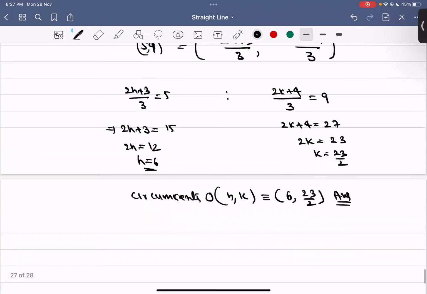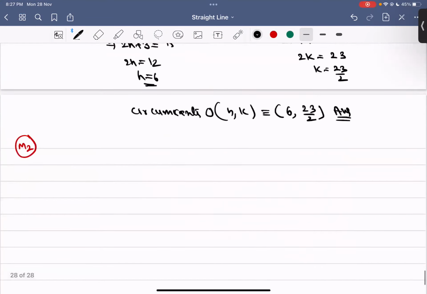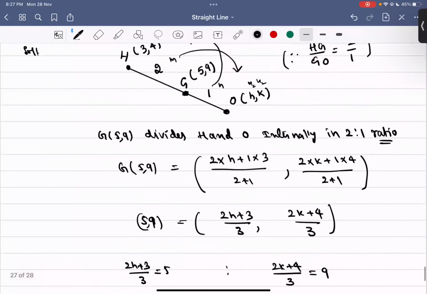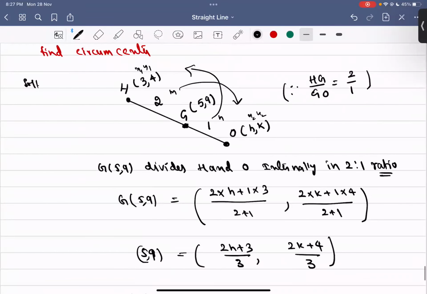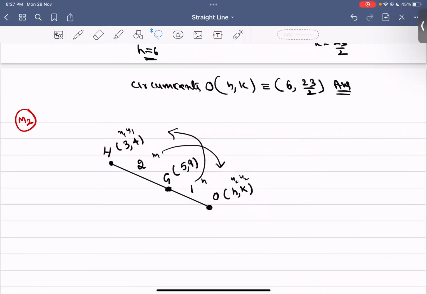Method 2: we can think like this. Instead of internal division, I will take the same diagram and the same question.